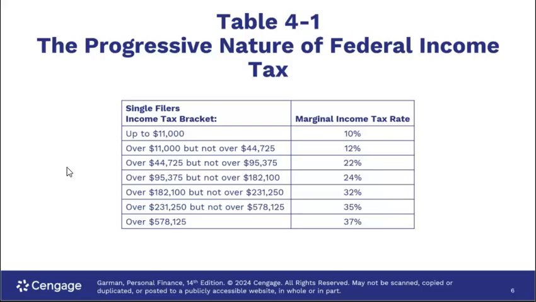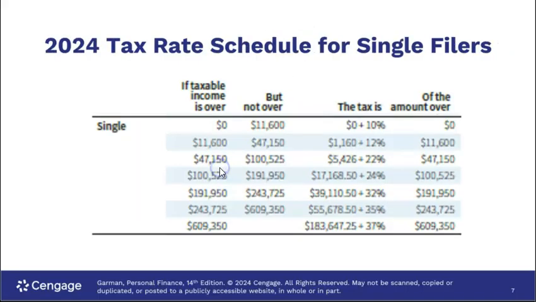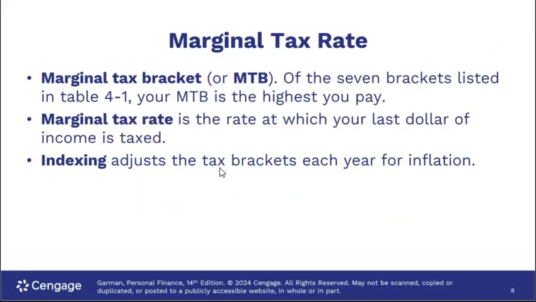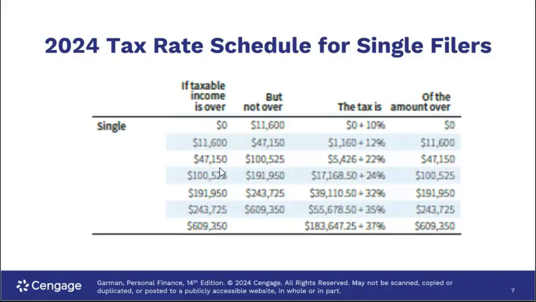So, as I mentioned, I uploaded, there we go. Here. So this is a 2024 tax rate schedule for single filers. So there's one for married filing jointly, qualified widowers, married filing separately, head of household.